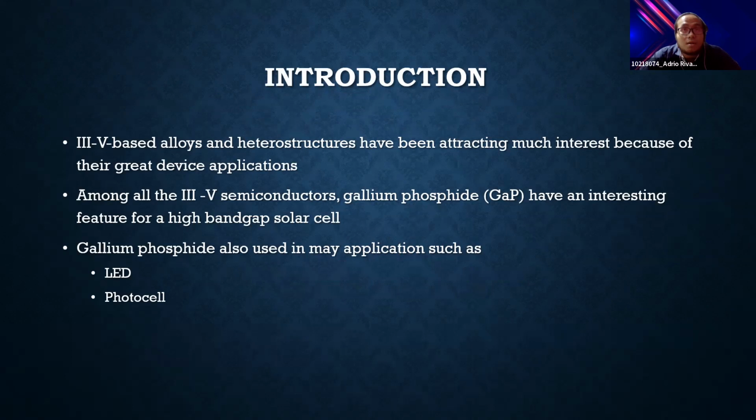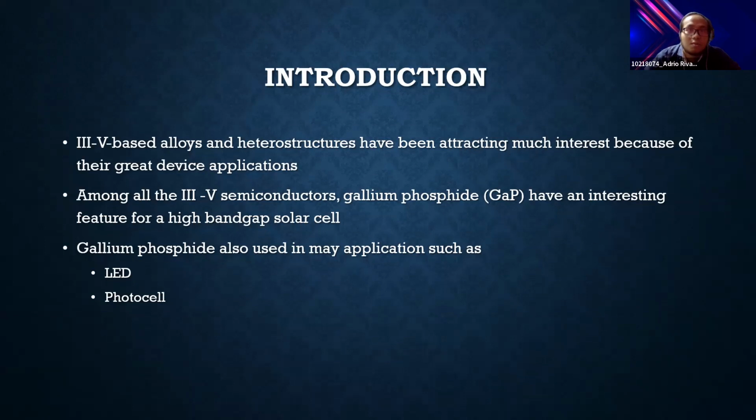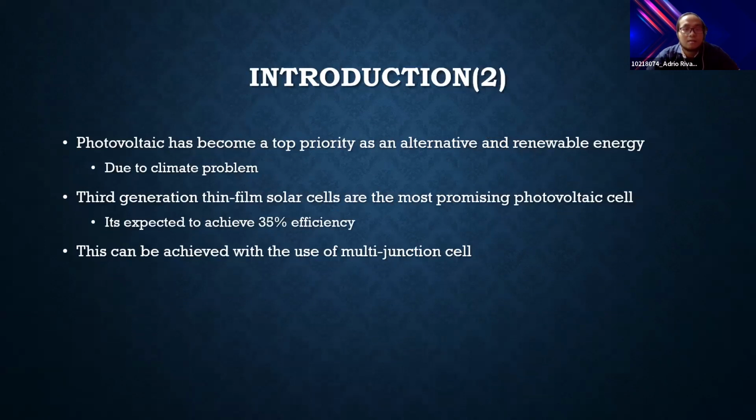It's possible because gallium phosphide has a band structure where the direct band gap is only 0.5 electron volt above the indirect band gap, so gallium phosphide will have a good absorption coefficient. Gallium phosphide can also be used in many applications such as LEDs and photocells, besides photovoltaic cells.